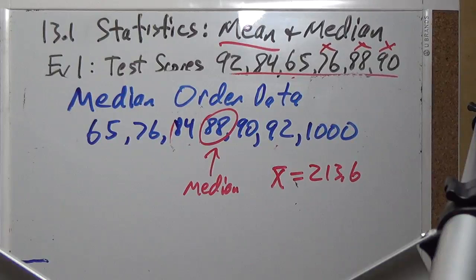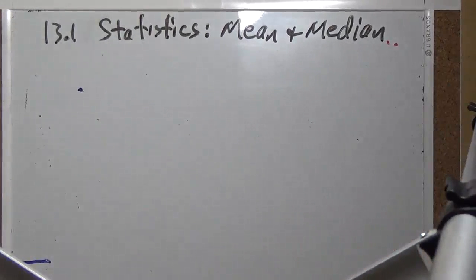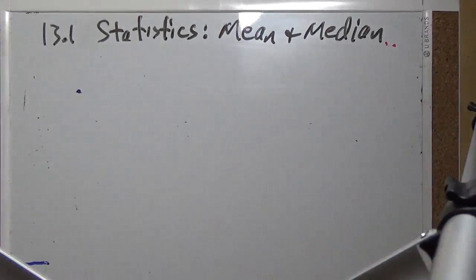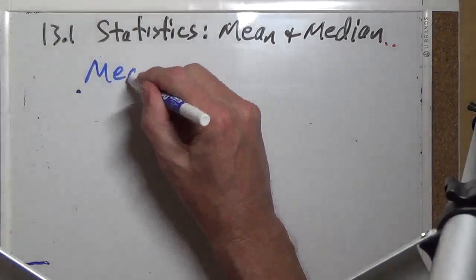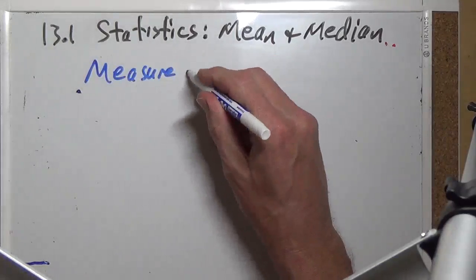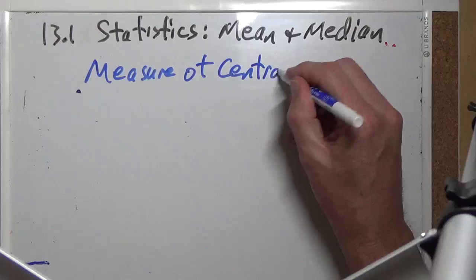So just to finish this video, I'll give you an idea of what the median and mean are finding. They're both measures of central tendency, which is the big topic in this section. We kind of want to know where the middle of the data is.